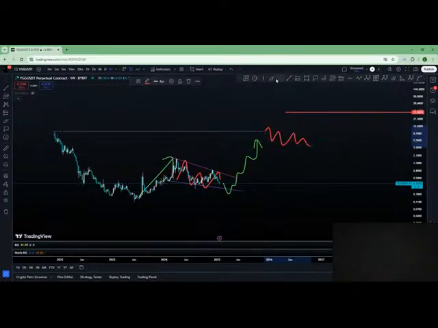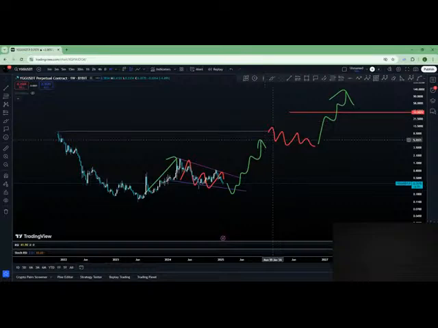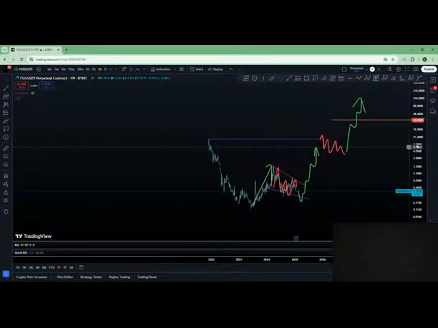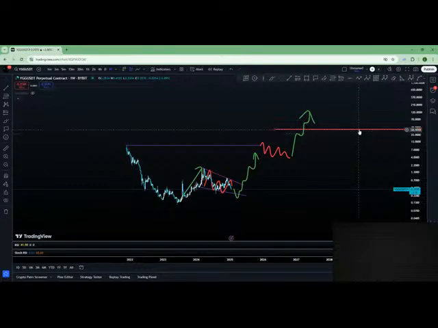That's how the wave form goes. So this is how the market should go. Mark these points, and let's go to the next coin that guys are recommending.